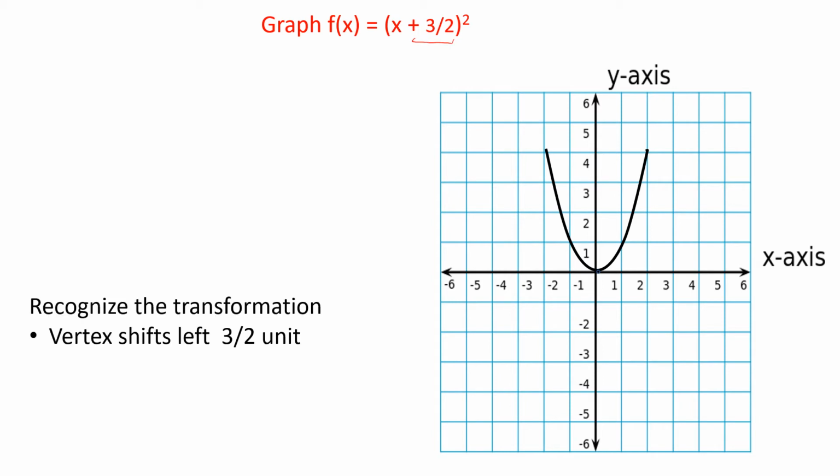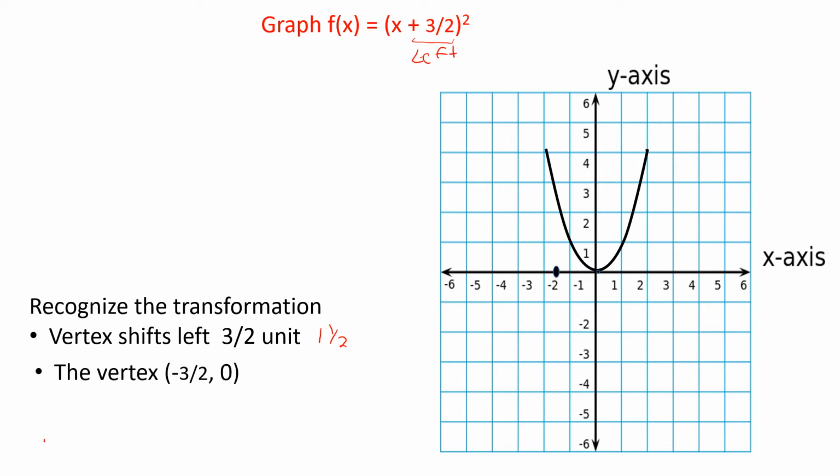So you'll need to recognize that the first thing you're going to do is that the vertex of the parent function is going to shift 3/2 units. That's the same thing as 1 1/2 units. And since this is positive, it's going to shift to the left, the opposite direction.